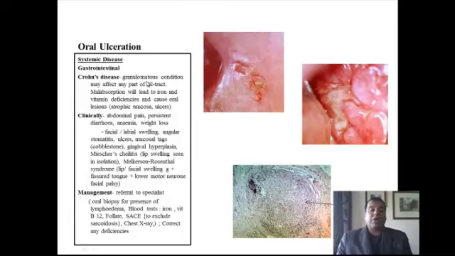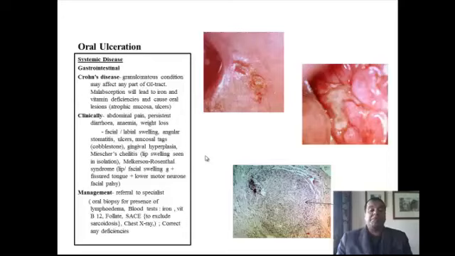So in Crohn's disease, which is a granulomatous condition which may affect any part of the GI tract, you get malabsorption, which will lead to iron and vitamin deficiency and leading to atrophy of the mucosa and ulcers. The patients may typically have abdominal pain, persistent diarrhea, anemia, weight loss, facial and labial swelling, angular stomatitis, ulcers, mucosal tagging.